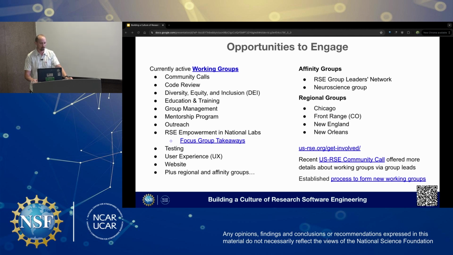Those that are interested in group management, which is primarily managing the working groups within USRC, but does have occasional discussions on project management goals and managers within organizations that manage RSEs and how that might play out for doing that effectively. There's also mentorship and outreach programs, with discussions in the working group.